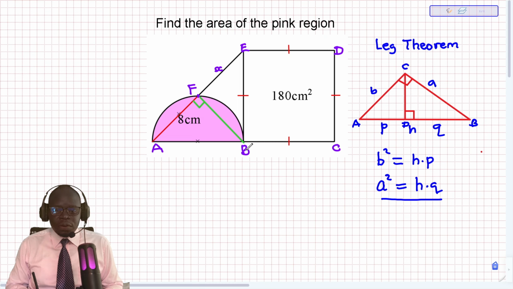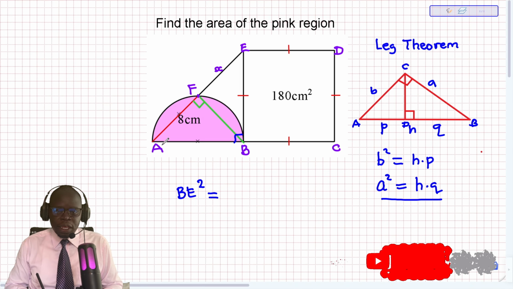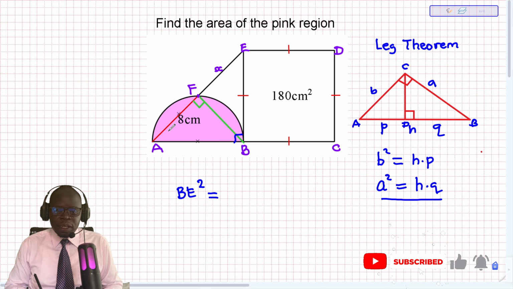So applying this using BE, because we have something here, BE square must be equal to the hypotenuse. This is also at 90 degrees. Our hypotenuse is AE, which is the sum of AF and FE, and that is 8 plus X.